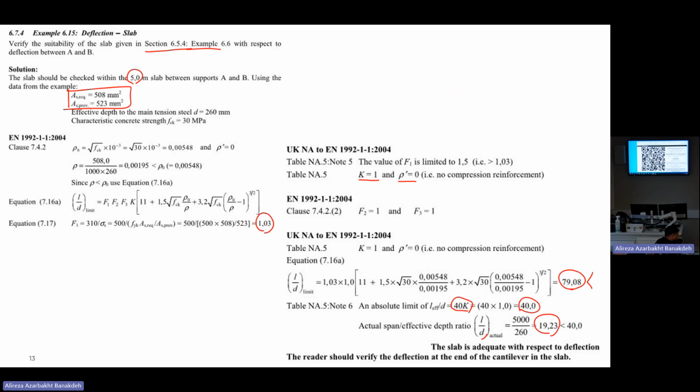You should anyway check the deformation, but you can expect that for long span beams or long cantilevers, you will be in trouble when you check the deflection control. To solve that, of course, you should increase the stiffness of your element, or you can use modern technologies like pre-tension or post-tension systems. We'll talk about it next term for sure.